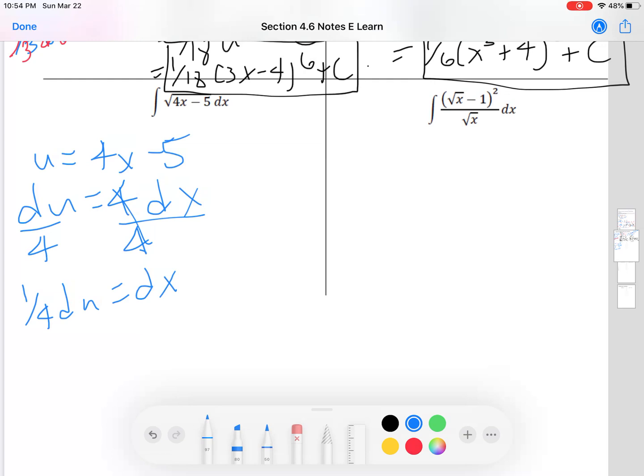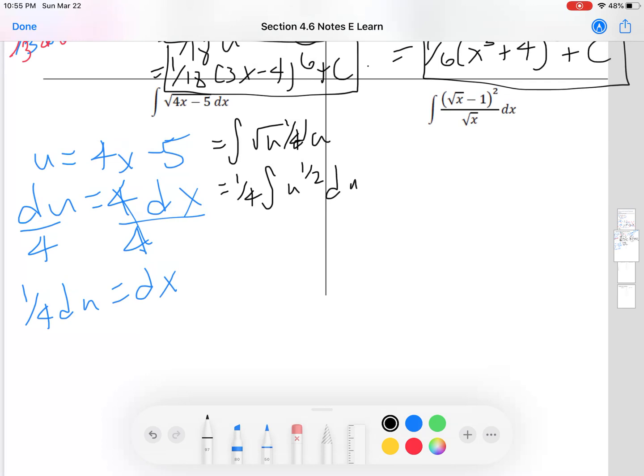Now, if I'm integrating this, I would write this as the integral of square root of u first. And make sure that you include the 1/4 as well. To clean this up, I put the 1/4 outside of the integral symbol, and then I call this u to the half du.